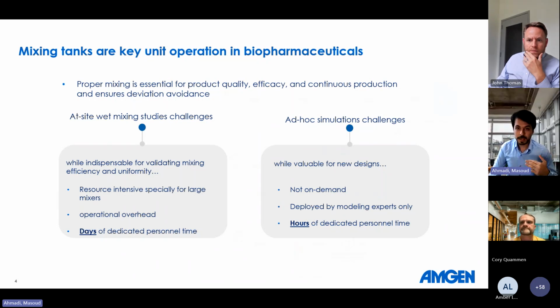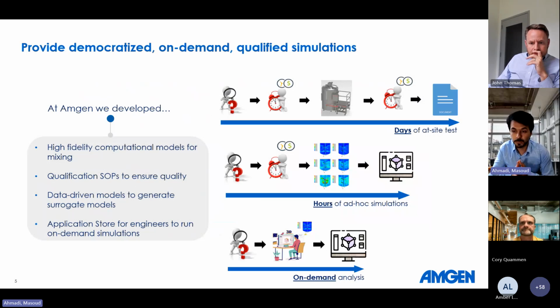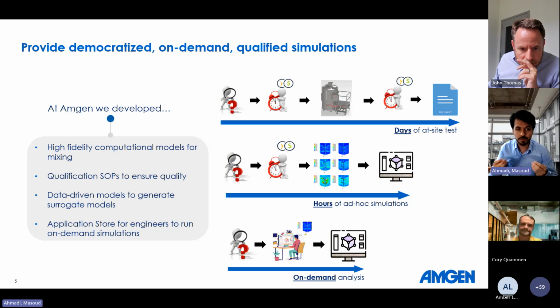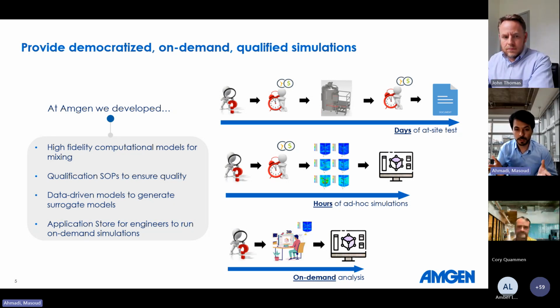But here at Amgen, instead of waiting for days for at-site wet mixing studies or hours for ad hoc simulations, we have enabled on-demand analysis. Here we have a high-fidelity computational model, thanks to M-Star, for doing the simulations of the mixing tanks. We have qualified the model to ensure the quality and repeatability of the data.